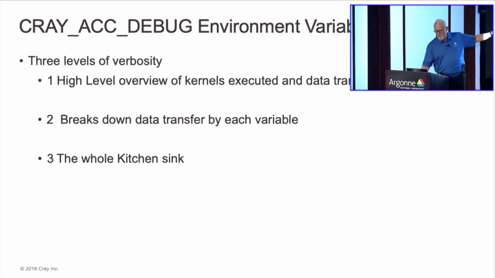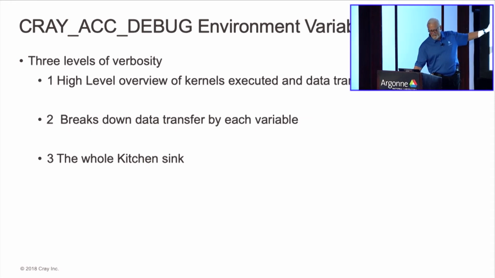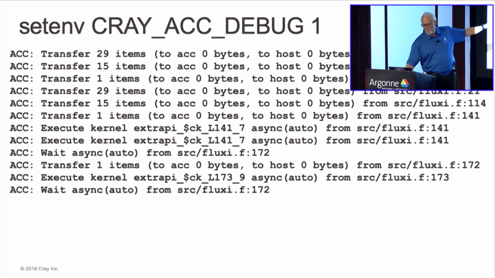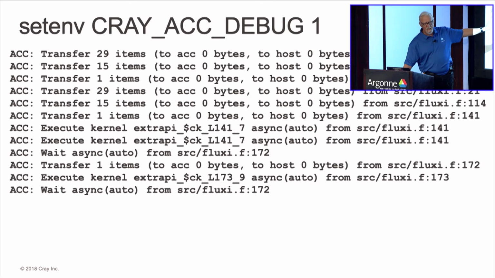Last thing I want to show you is this Cray ACC debug environment. This really helps you a great deal in debugging a program, because it's going to be doing all this stuff and then stop, and you know exactly where it is.